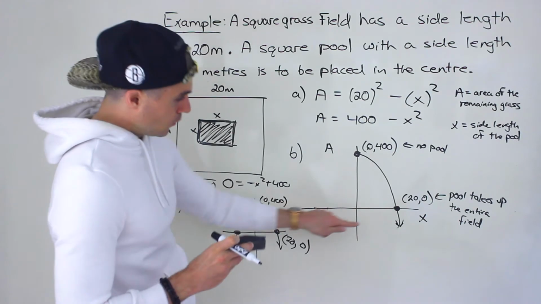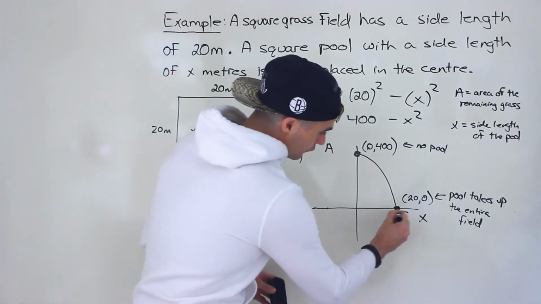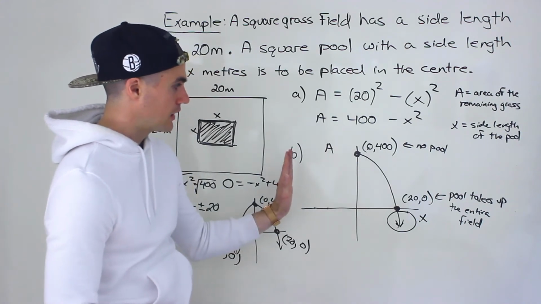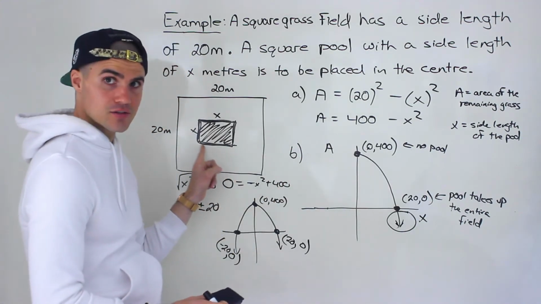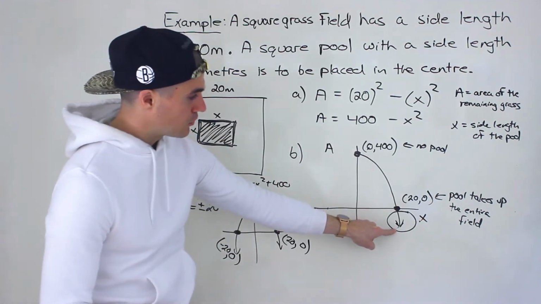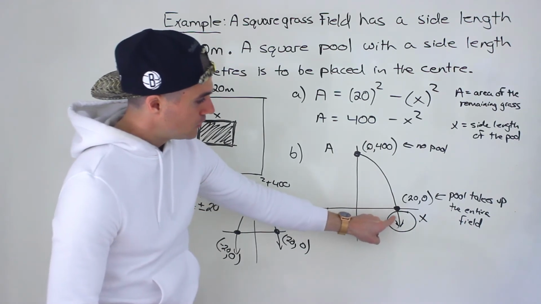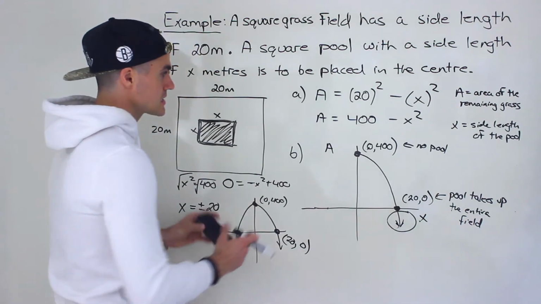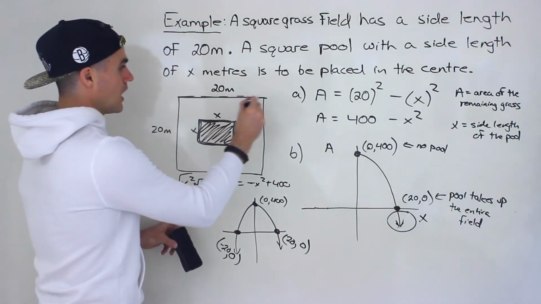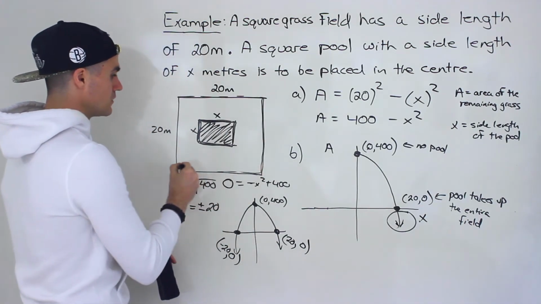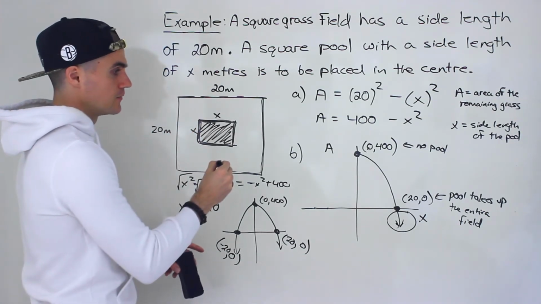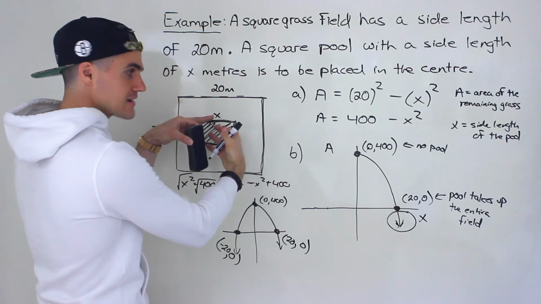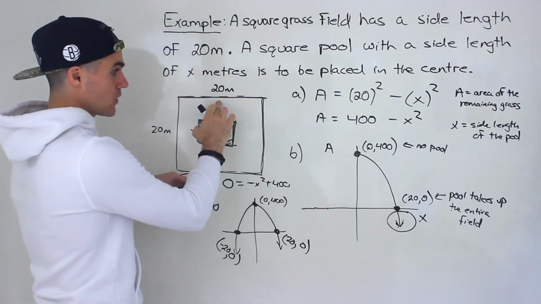Now, what about this portion over here of the quadratic? We mentioned how this portion we're not going to be looking at because we can't have negative values of x. But what about this portion over here? Well, notice that this portion we're also not going to deal with. We can erase that because we're only dealing with a grass field that has a side length of 20. And so we can't fit a pool that has a greater side length than 20.